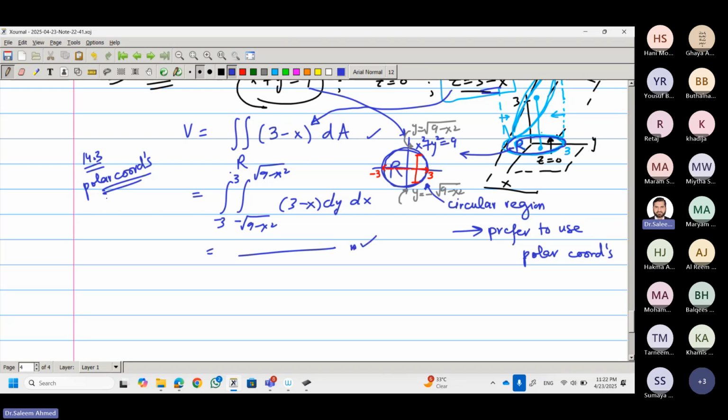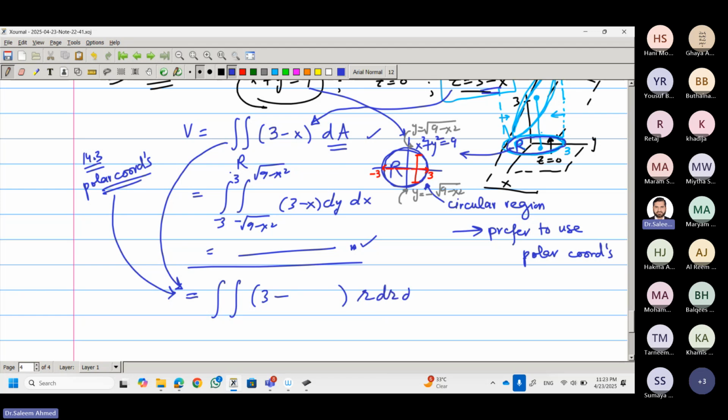But if I prefer polar coordinates, I can write this directly. I will write 3 minus x, and dA is r dr d theta. R goes from the center to the outer radius.